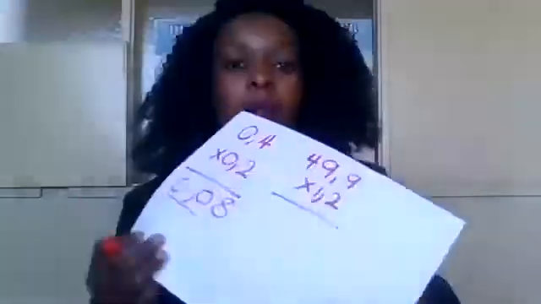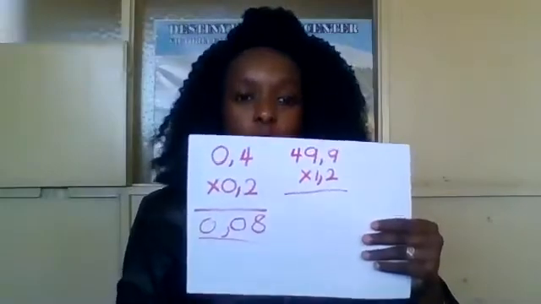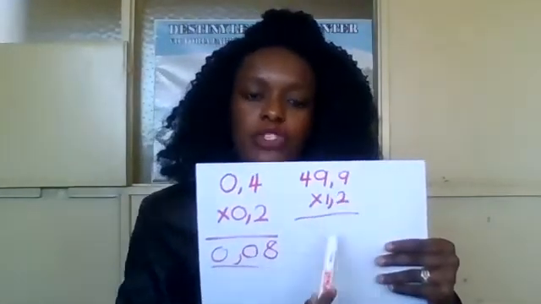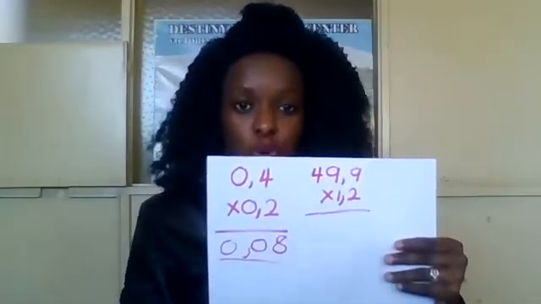Okay. All right, let's look for yet another sum to multiply. We are going to multiply 49,9 times 1,2. When you look at these numbers, as we are multiplying, we treat the numbers as if there is no comma.